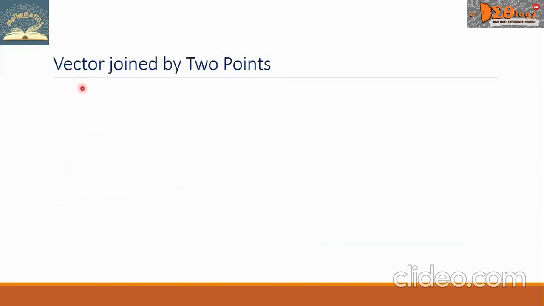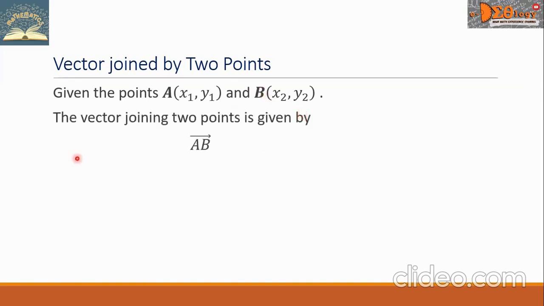Let us discuss vector joined by 2 points. Given the points A with coordinates x sub 1, y sub 1, and point B with coordinates x sub 2, y sub 2. The vector joining 2 points is given by capital AB with an arrow on top of it.